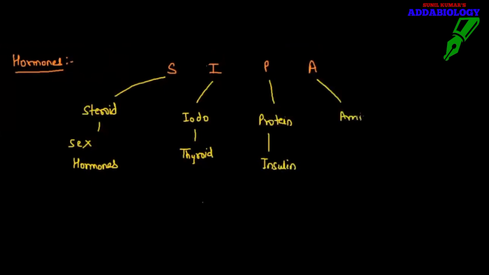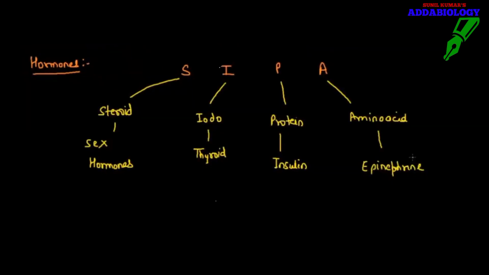Then we have amino acid derivative hormones. So an example for this is epinephrine. So we have four types of hormones: SIPA, or you can remember as ASIP. A stands for amino acid, epinephrine. S stands for steroid, sex hormone. I stands for iodo, that is thyroid. P stands for protein, that is insulin.